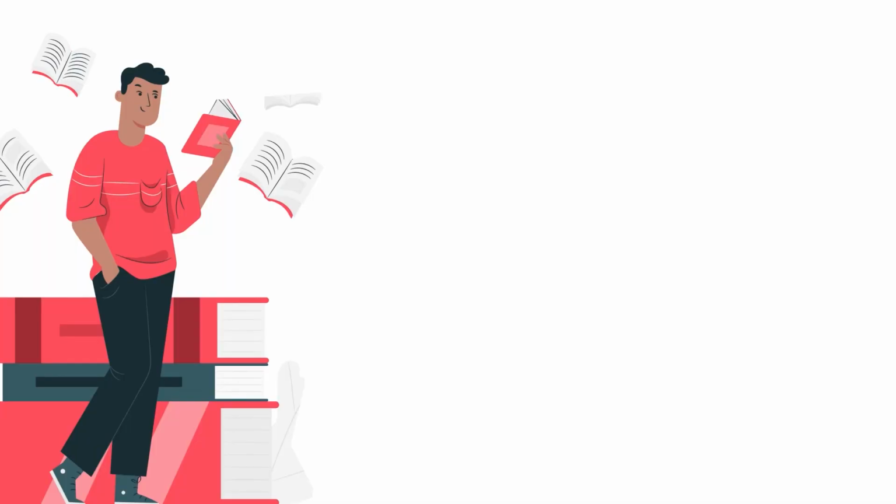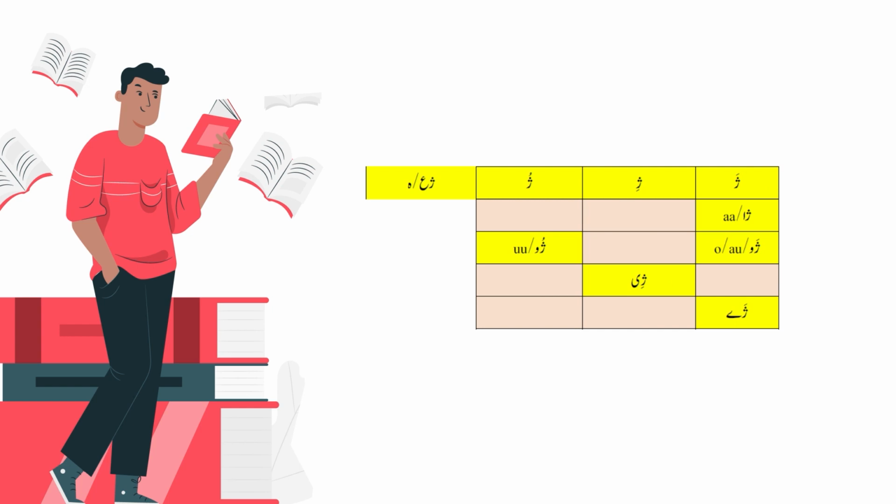Similarly, when we insert diacritic marks on these similar-sounding alphabets, they turn into one or two sounds. Dal and Ze is one such example, and Zal and Zay is the second example. Now we'll see another letter and insert diacritic marks on it.